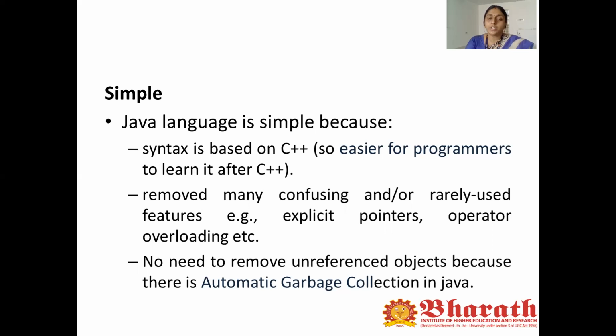And the Java language removes many confusing or rarely used features like the pointer concept and operator overloading; those are not there in Java. And there is no need to remove unreferenced objects in Java because we have automatic garbage collection, where objects get deleted when they are not in use.